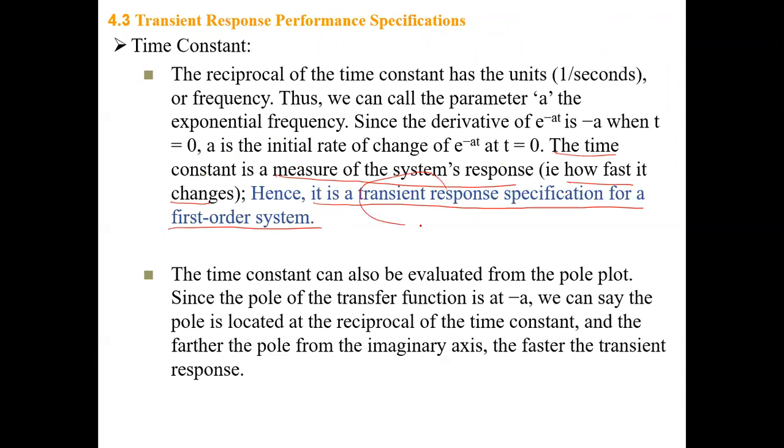Remember we talked about transient response in chapter 1? It is related to time dependence, how things vary with time. So in the beginning, the system has a rate of change equal to negative a. It tells you how fast the system changes.